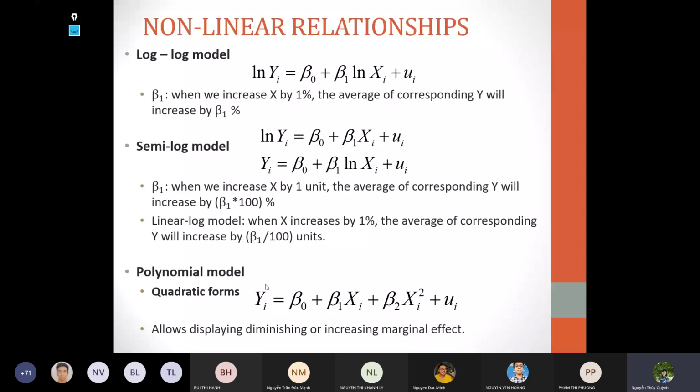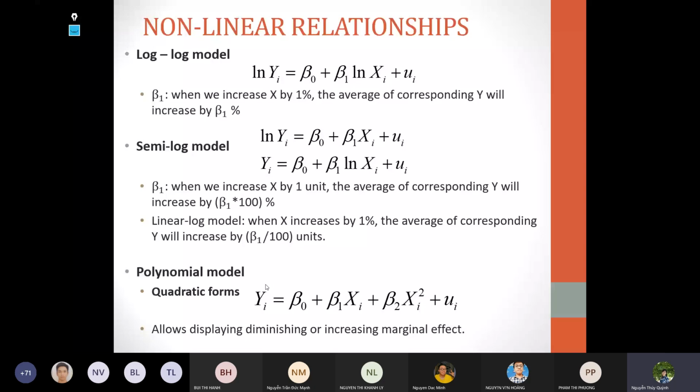Now, what we care about here: for a linear relationship between x and y, we say that when x increases by 1 unit, y will increase by beta 1 units. So the rate of change in y corresponding to 1 unit of change in x is a constant.